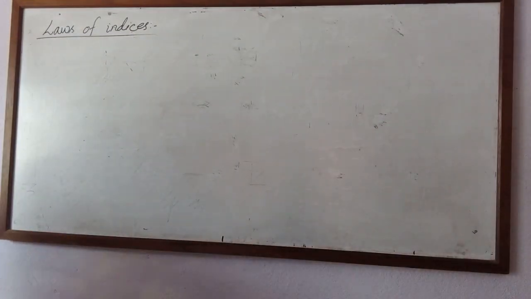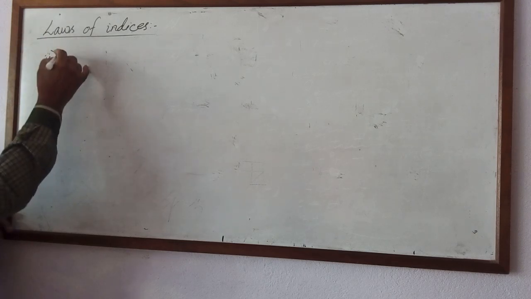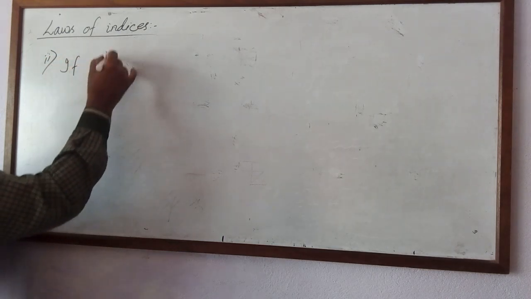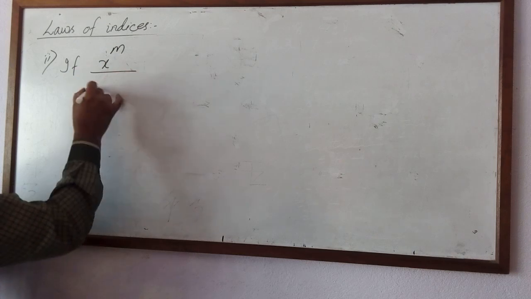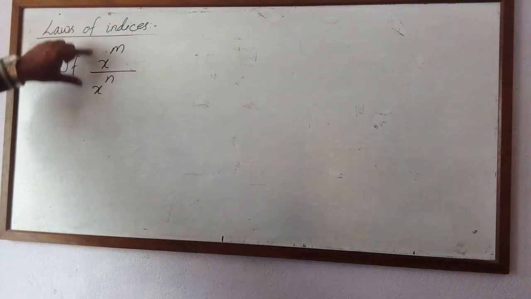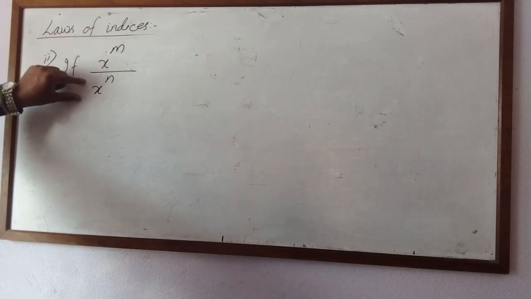Now, next rule. If x power m over x power n, a fraction, this x is the same base, these two are two factors I have taken, one in the numerator, another in the denominator.